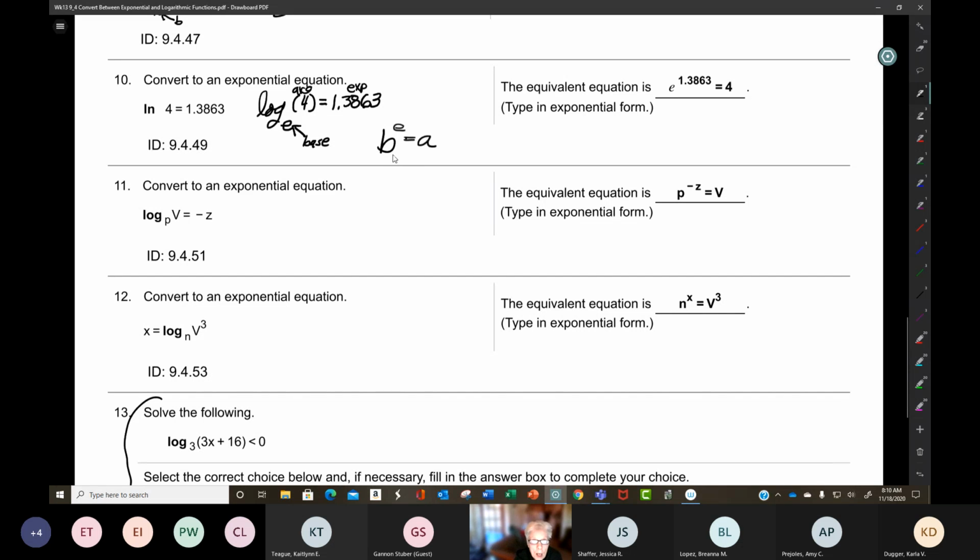All right, so I need to change E to EXP so that I don't get it mixed up with the real E, the number E. This is going to be E raised to the 1.3863 equals 4. And you'll have to put that in your calculator and see if it's true.